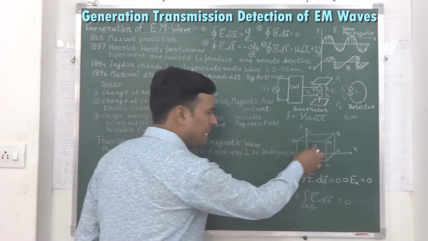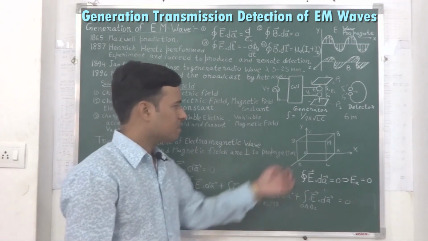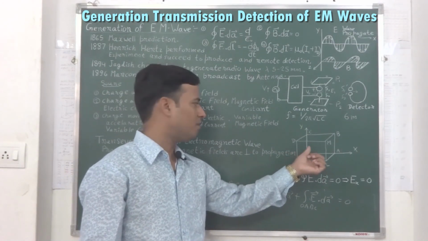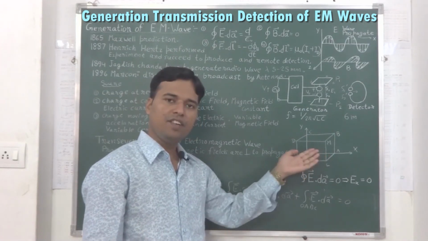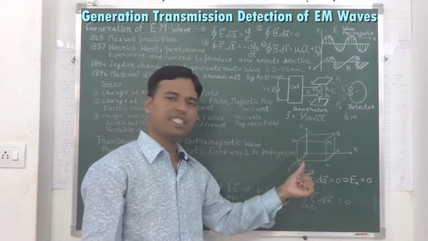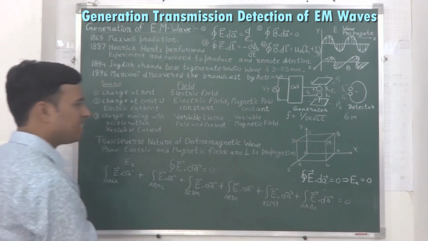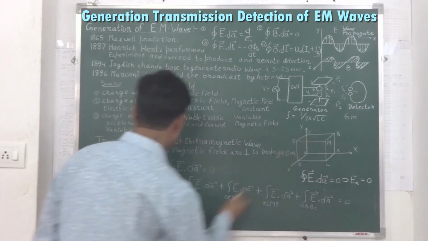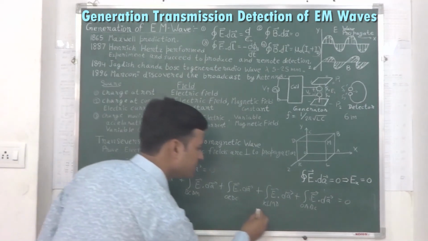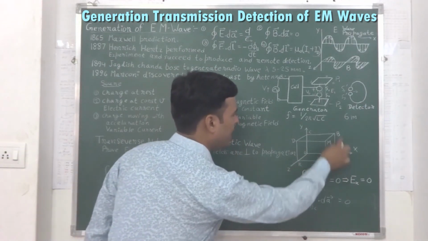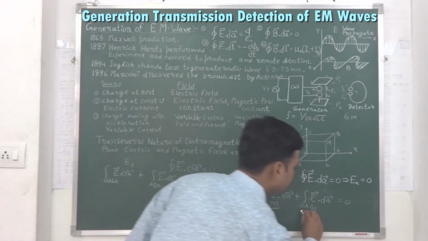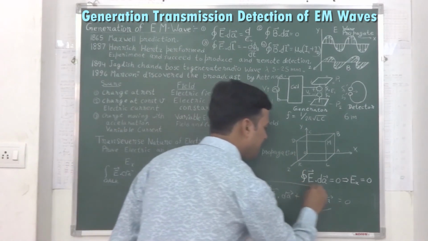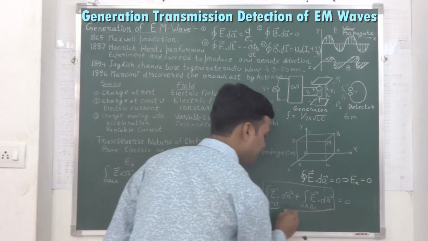So the same value of electric field that is incoming from the first surface will outgo from the second surface. So dear students, for these two surfaces KLMD and OABC, the total electric flux will cancel out from each other.